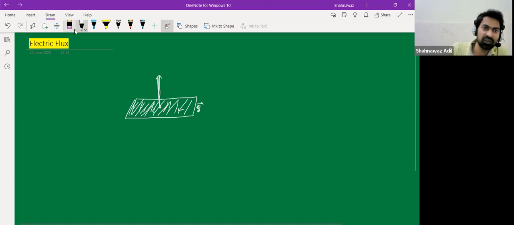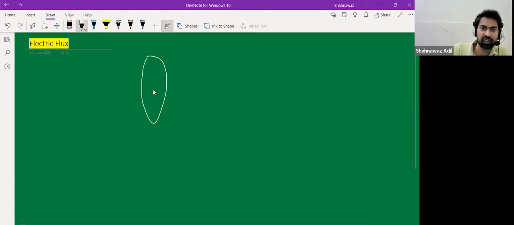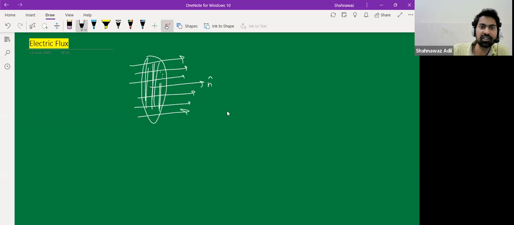So electric flux is, let's say I have this surface, right? And the direction of the surface is this normal. So electric flux is defined as: this has some surface area, right? The total electric field lines passing through this surface.